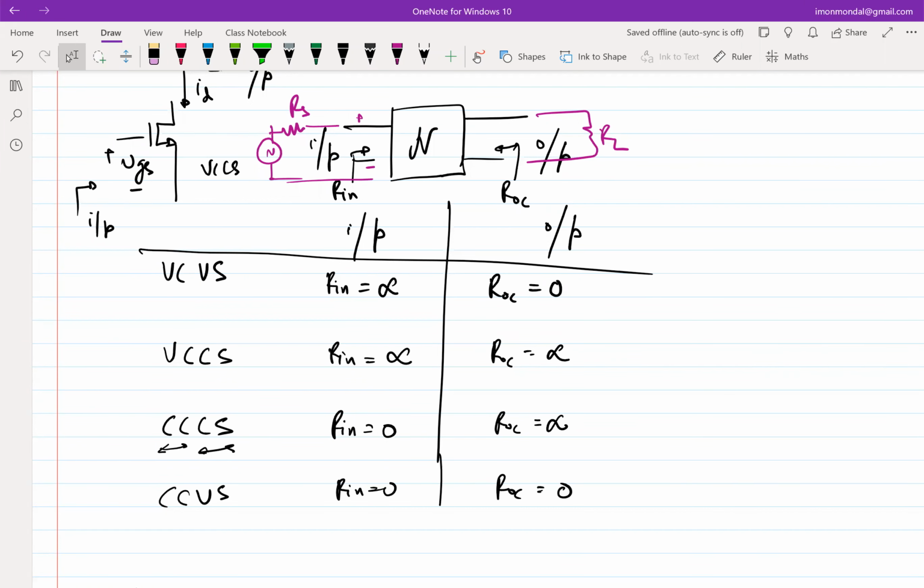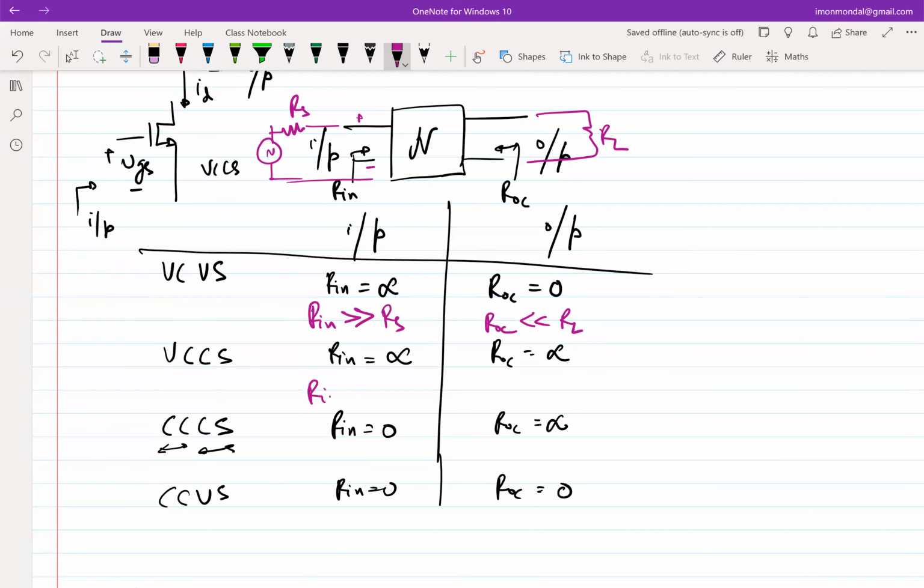So what will you look at? What should Rin be in a realistic scenario? Rin should be much greater than RS, because ultimately you don't want any drop across the input port. Similarly, ROC cannot be 0. It has to be much less than RL.